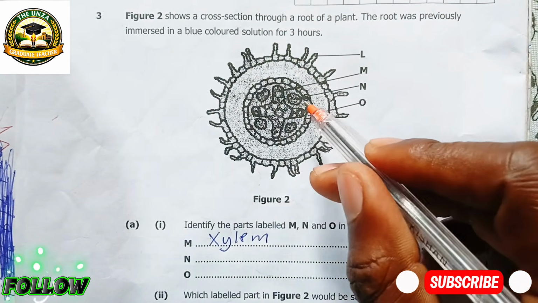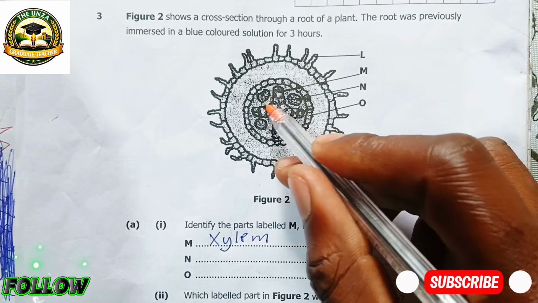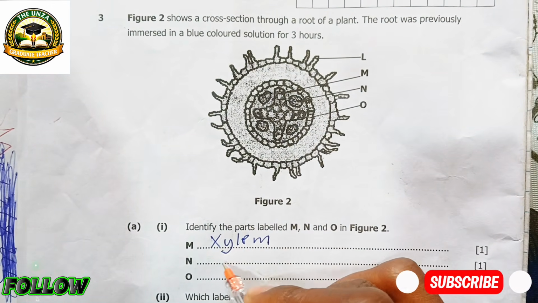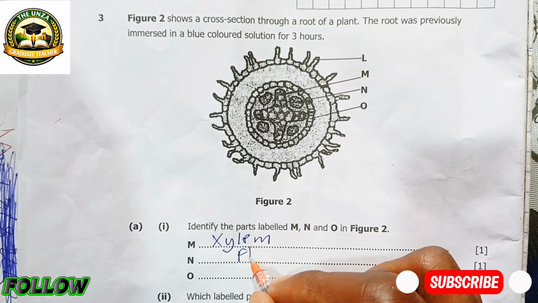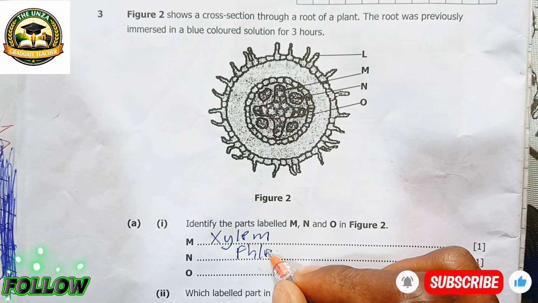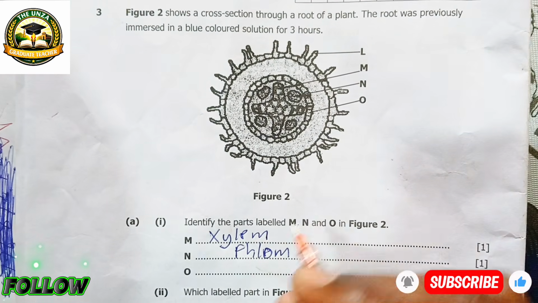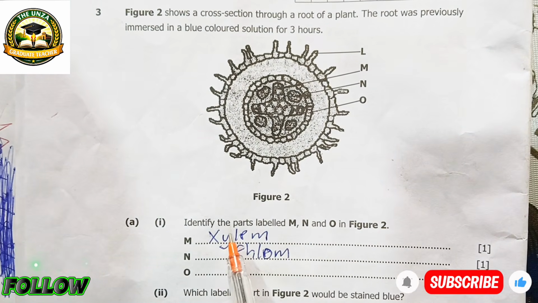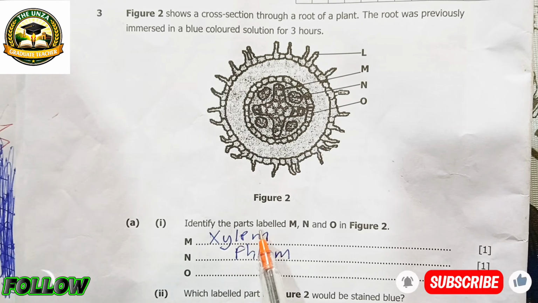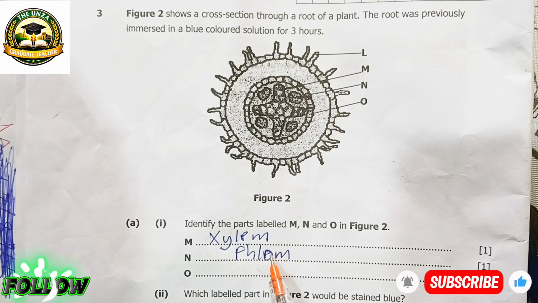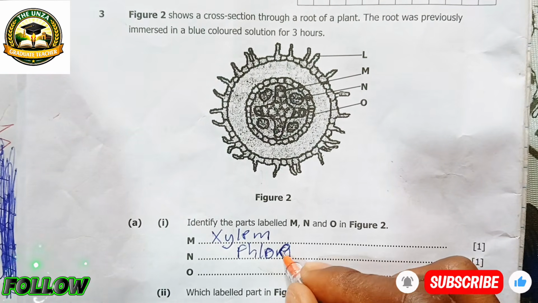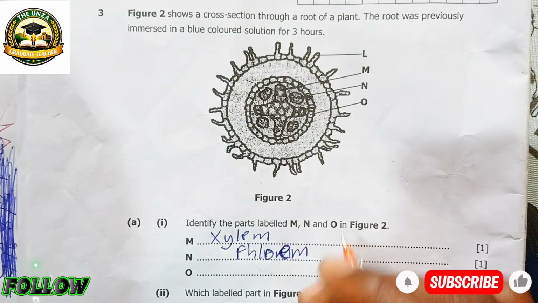Then this one, the round one, N, is phloem. Xylem is used to transport water and minerals. Phloem is used to transport food for the plants.